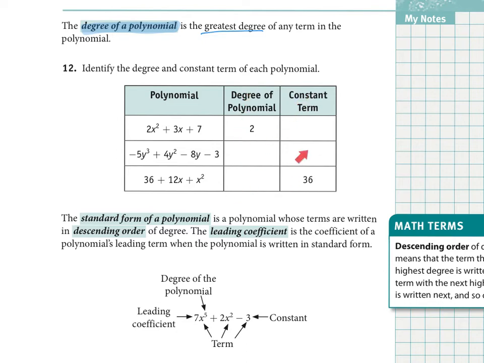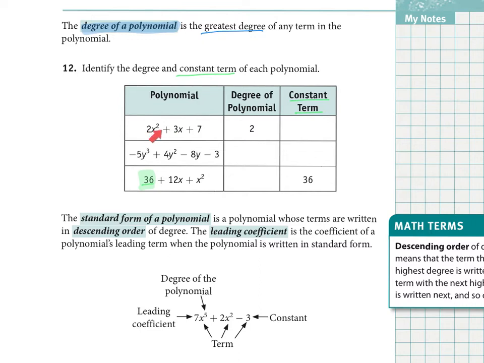Let's start off with something we know. Let's start off with that constant term. We're so familiar with that, right? That's the number that's by itself. We started off with 36 as our last example right there. And we can see when we have different terms, it doesn't necessarily matter what the order is currently. We're going to learn about that shortly, but we can see in our third example, the constant came first.